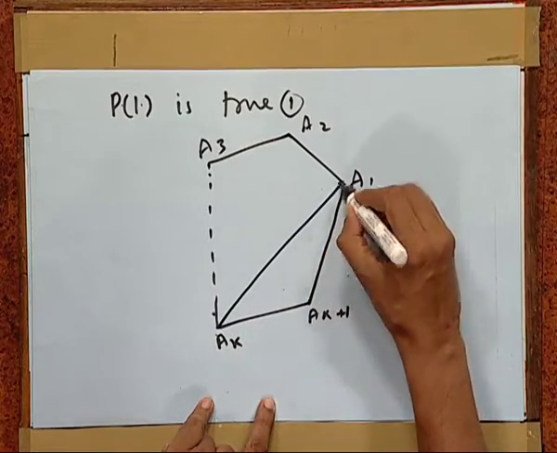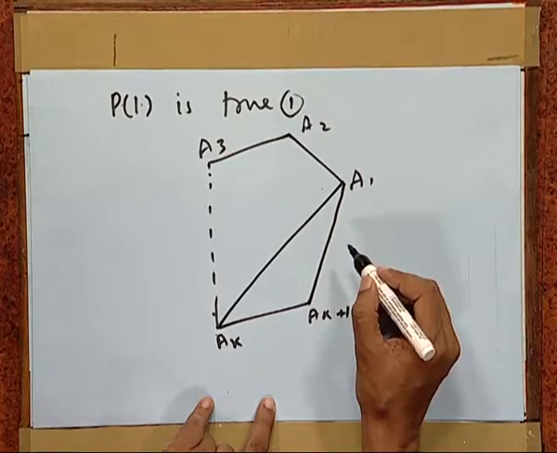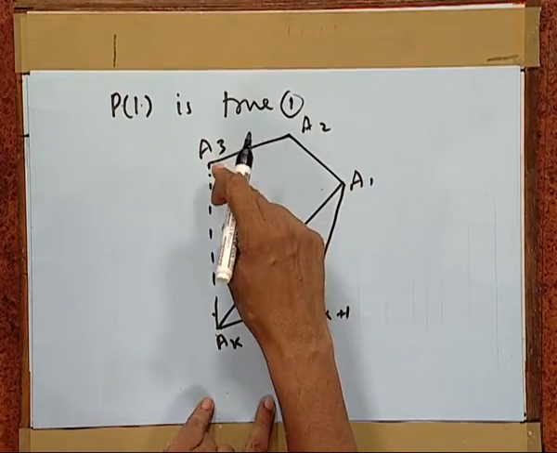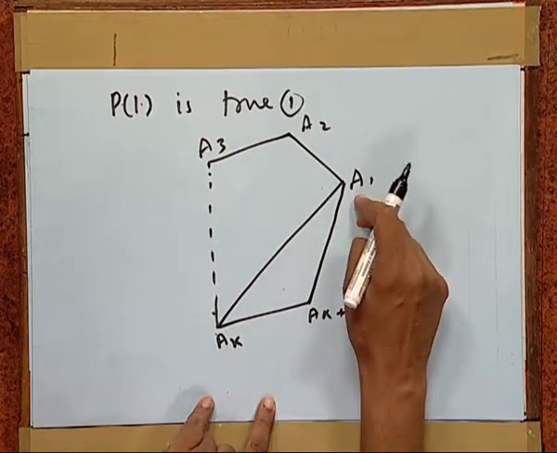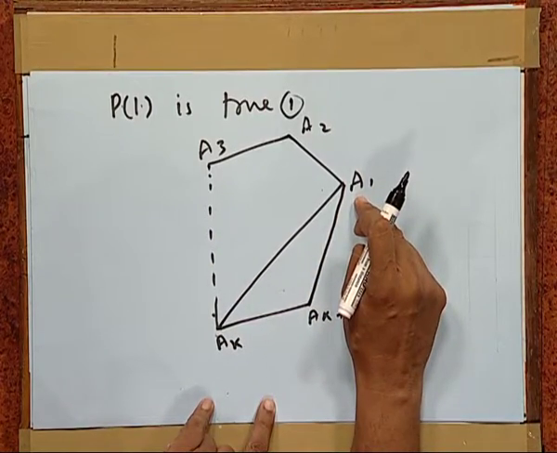Now, if we join AK with A1, we have two polygons, one with k sides, the other with k plus 1 sides, namely A1, A2, A3 and so on up to AK A1. This has k sides.